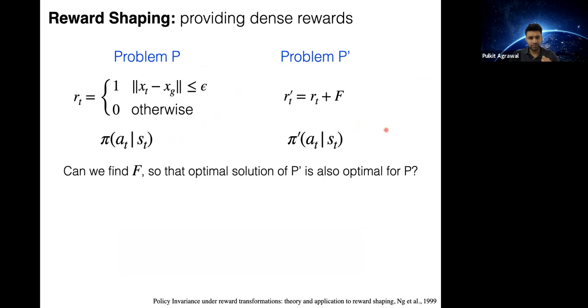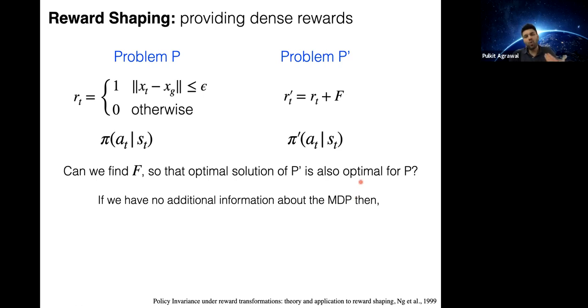Right? So now it turns out that there exist some choices of F. In the most general form, if I have no additional information about my decision process, which means I know nothing more than the fact that I just need to add this term F, I am not assuming any additional knowledge other than maybe that I have an MDP, then a choice of F which works out is some function phi of x_{t+1}, and then I subtract the same function of the state at the previous time step.